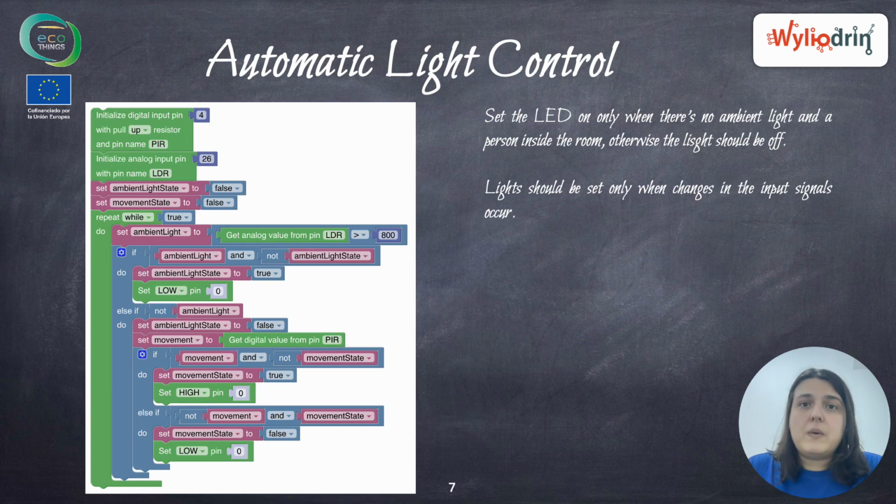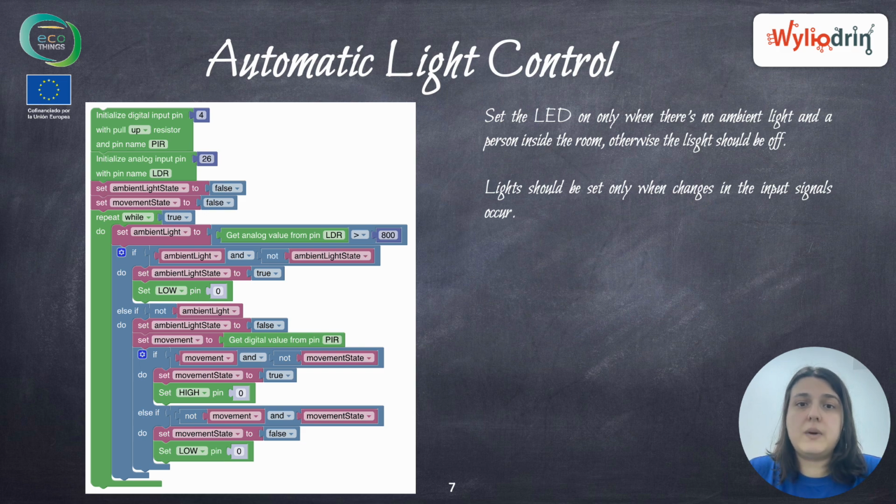And finally, we want to read both motion and light to have an intelligent control of our lights in the bedroom. And here we have the following behavior. We want to have the LED turned on if there is no ambient light and there is motion in the room. Otherwise, we want the lights to be off.